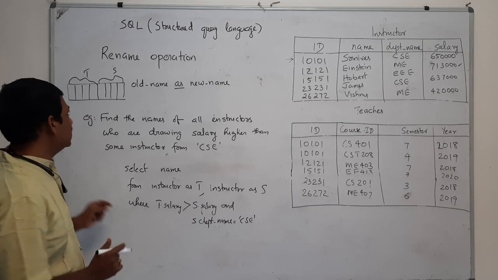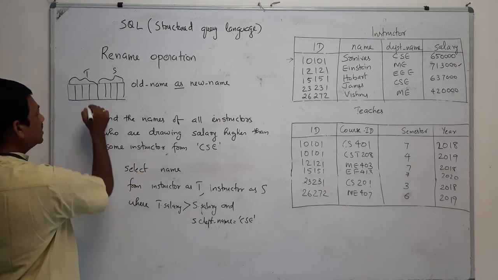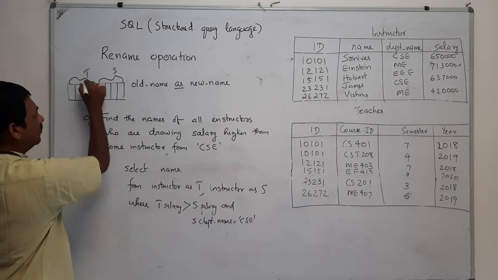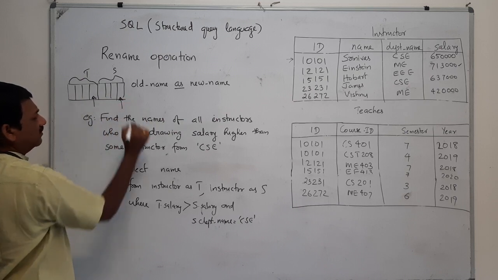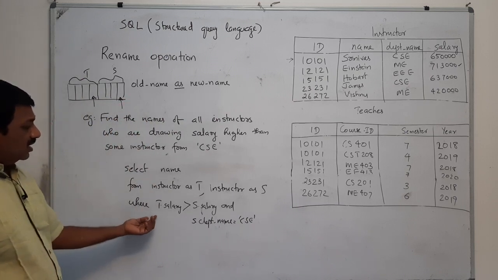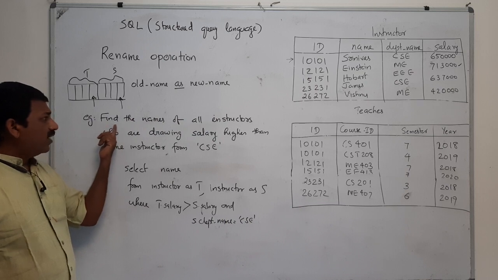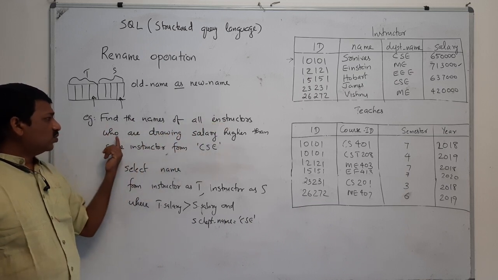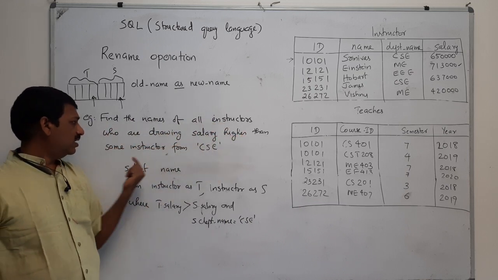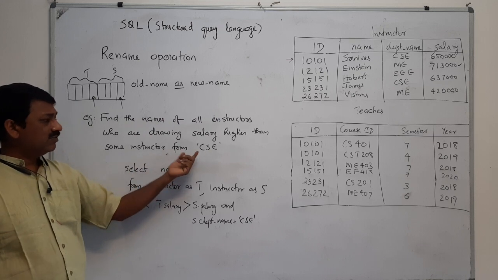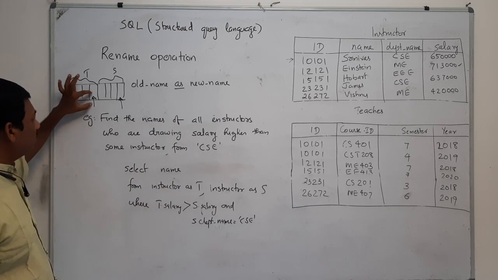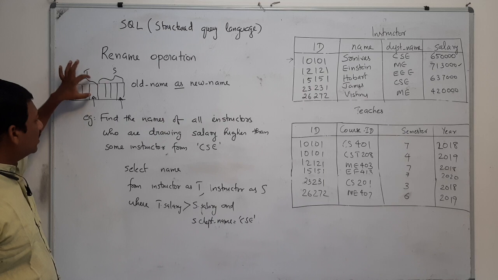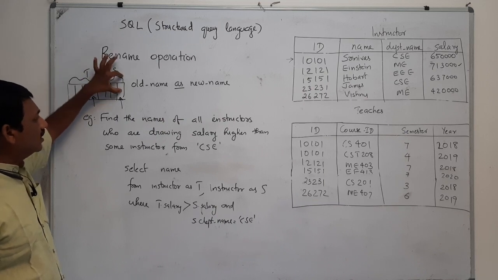T dot salary here is the salary field for T and this is another salary field. The meaning is: find the names of all instructors who are drawing salary higher than some instructor from CSE. Here we compare the salary here and the salary here.